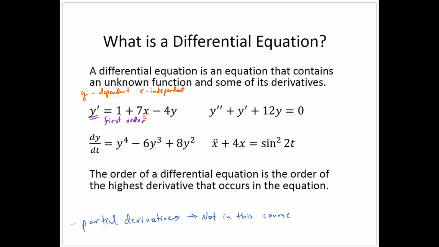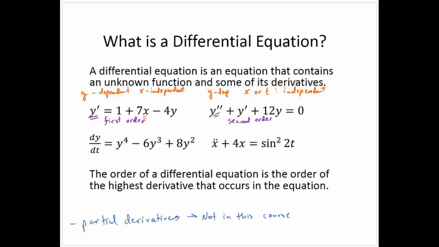But what I would normally say is, from here I see that y is the dependent variable, and we would either use x or t usually as the independent variable. I see y double prime, so this is called a second order differential equation.